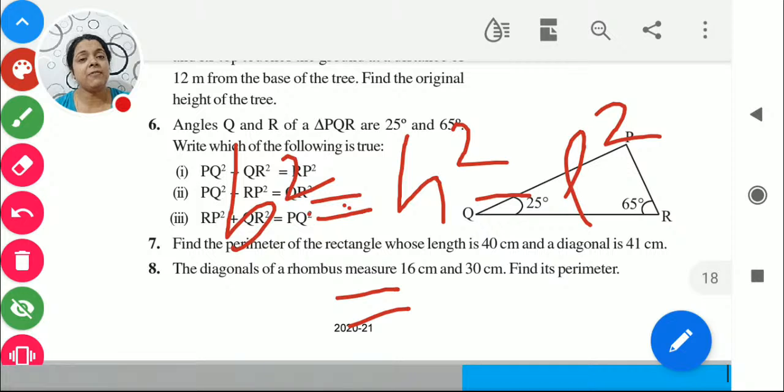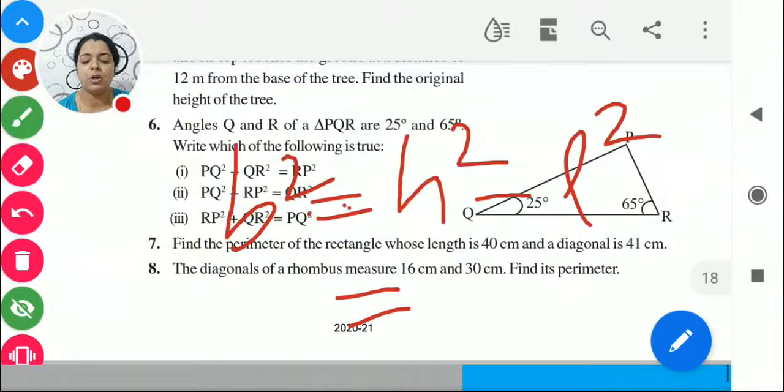So here we are finding out B square. So 41 square, what should be the square of 41? Please let me know. Okay, well, let's talk about 40. So 40 square is actually 1600.